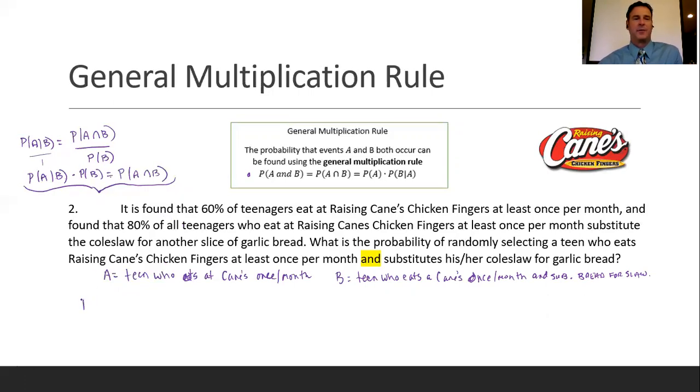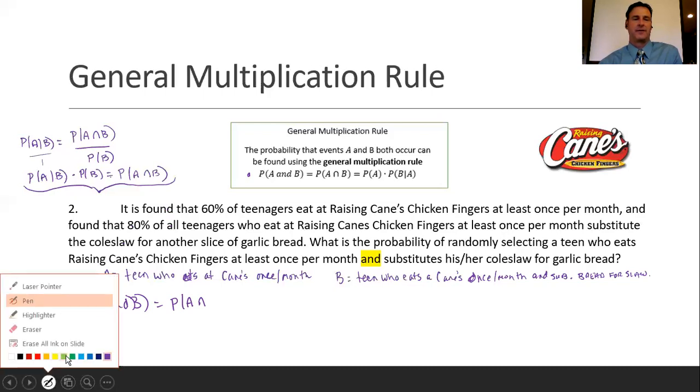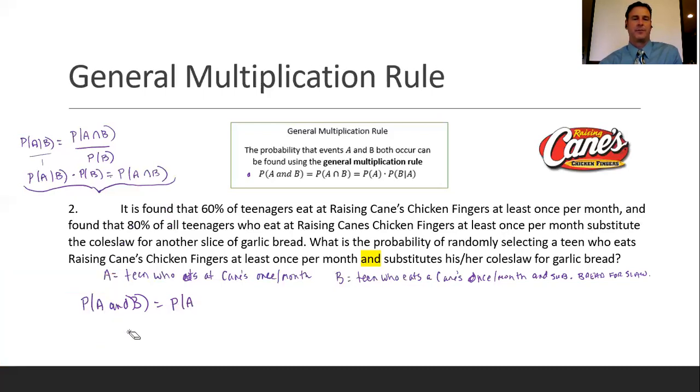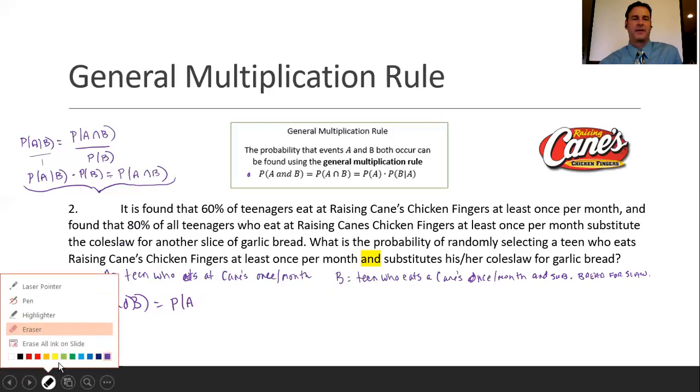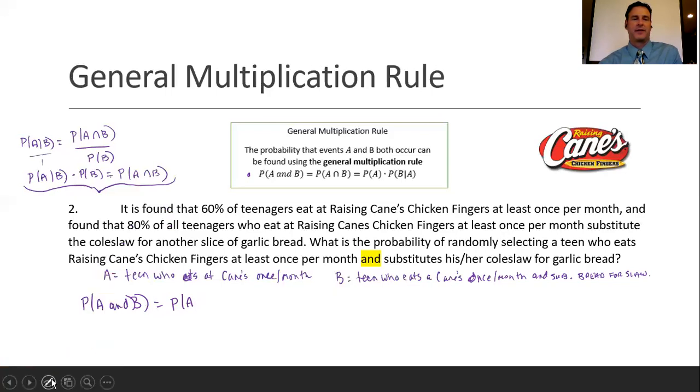So your P of A and B is equal to P of A. Let me fix that, sorry. Okay, P of A times P of B given A.